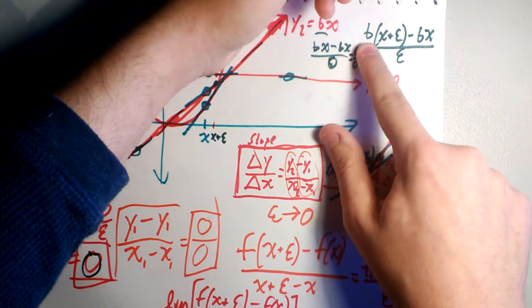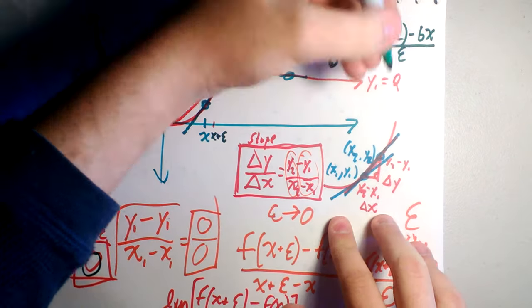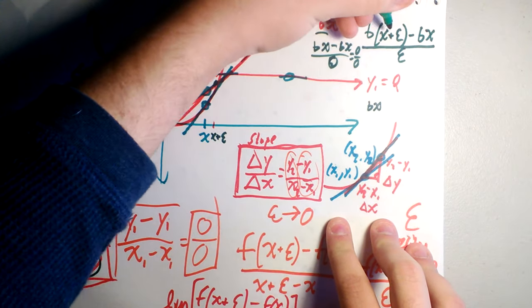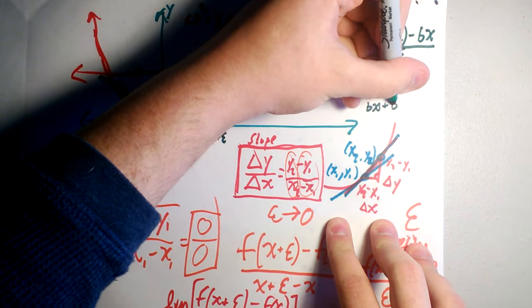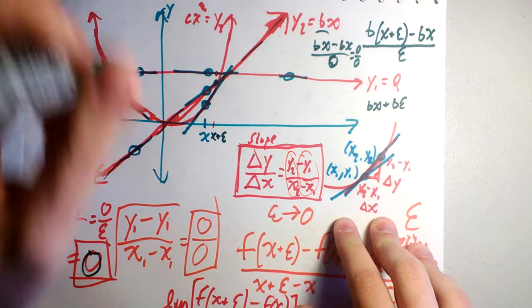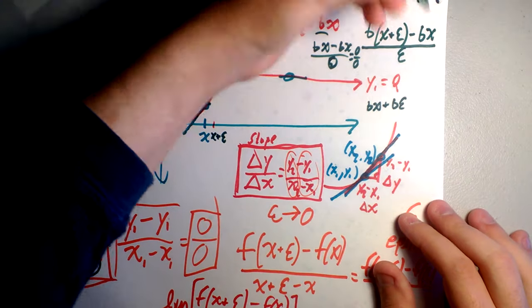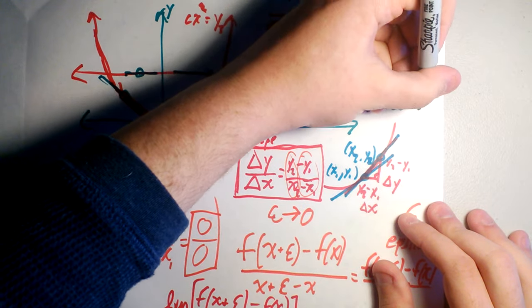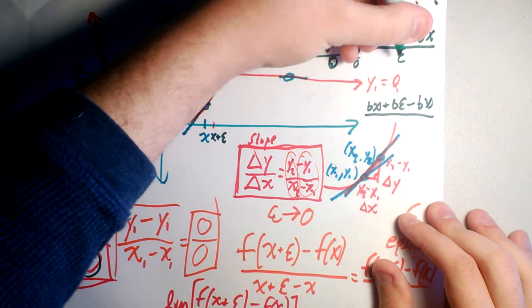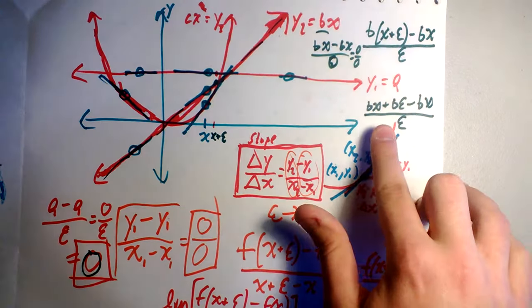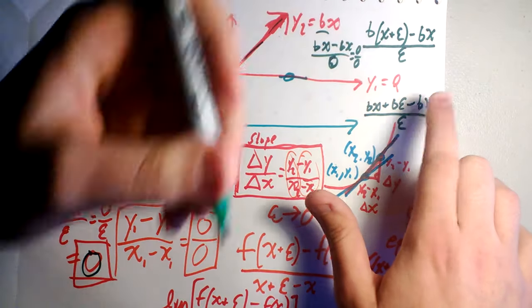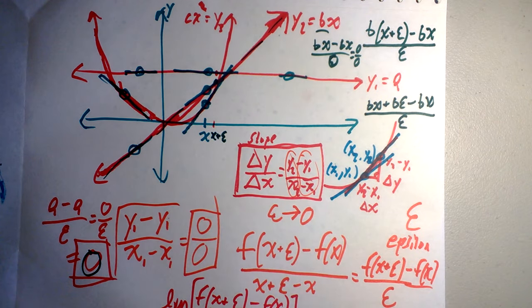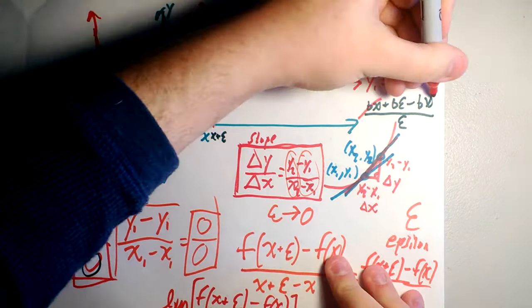So let's simplify this. Let's multiply in the b's. So you get b times x, then b times epsilon. And sorry for using Greek letters. That probably looks new, but honestly, I'm just using it as a variable. So then we subtract b times x, and then divide by this epsilon value. What slope do we get? Well, this bx and this negative bx, guess what? They cancel.